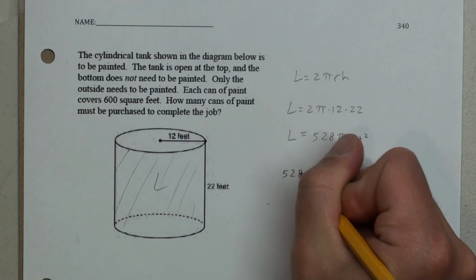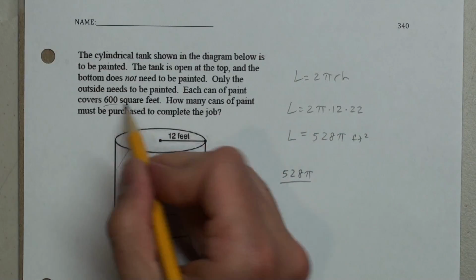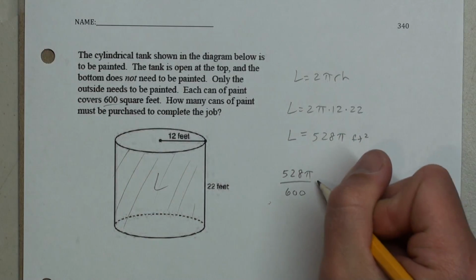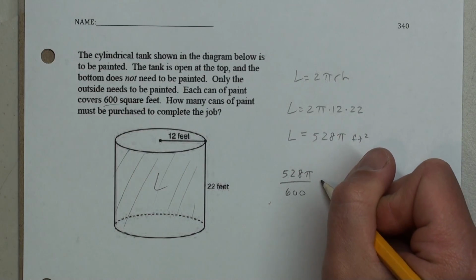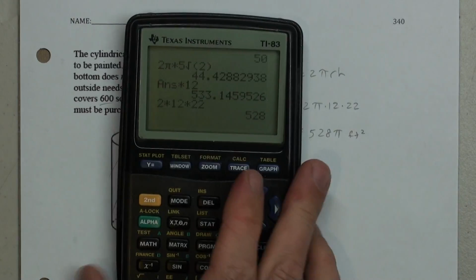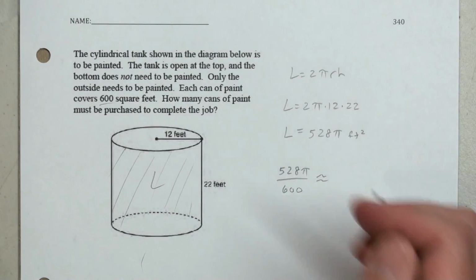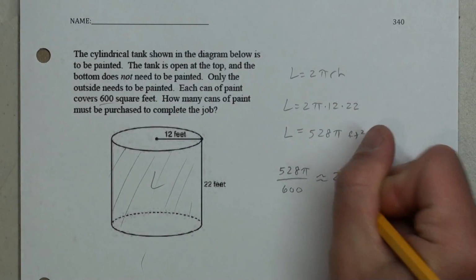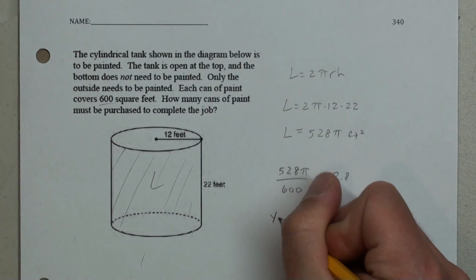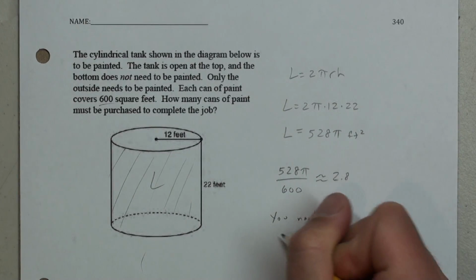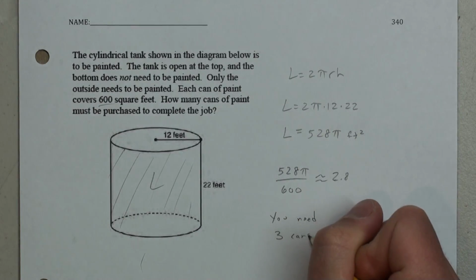So take 528 pi, divide by 600 square feet per can, and you get approximately 2.8. So you need 3 cans.